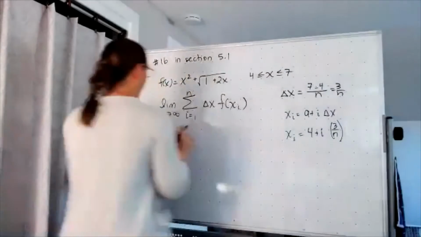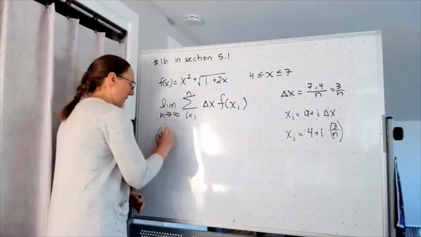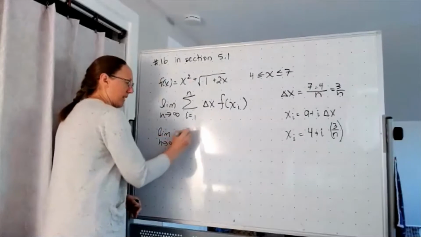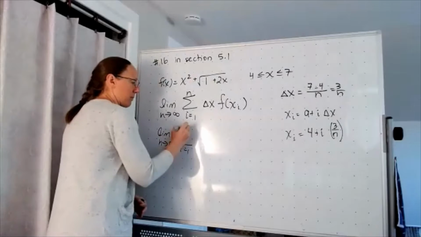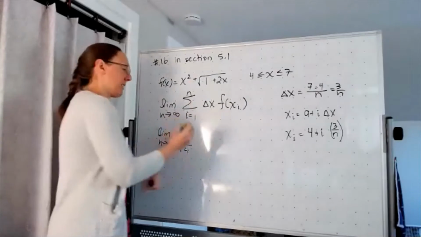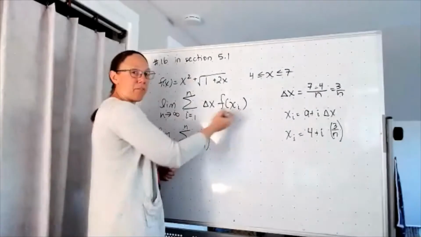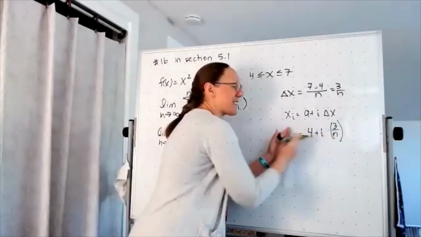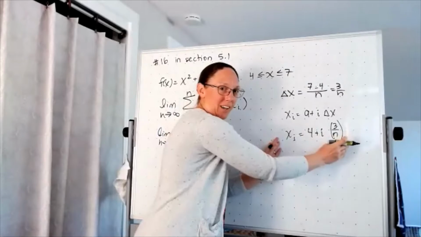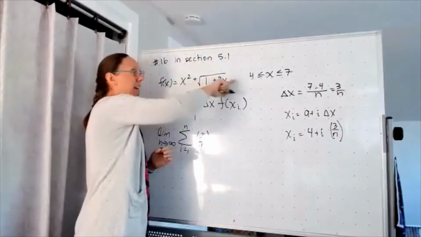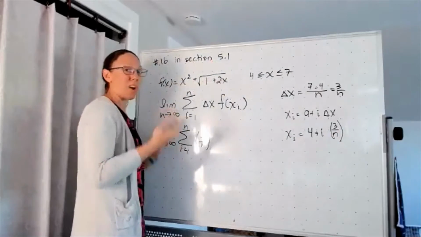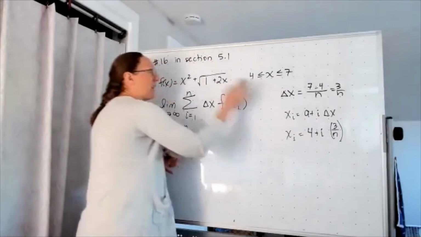Now we're just going to put it all together. So I'm going to have the limit as n approaches infinity of the sum from i equals 1 to n, where delta x is 3 over n. And f of x sub i says, take this whole kind of messy looking thing and plug it in everywhere we have an x in the problem. We're not going to do anything with it. We're just going to plug it in.